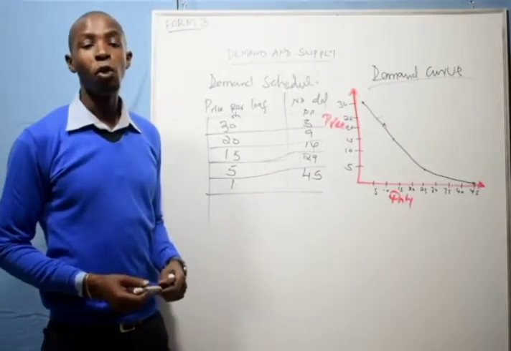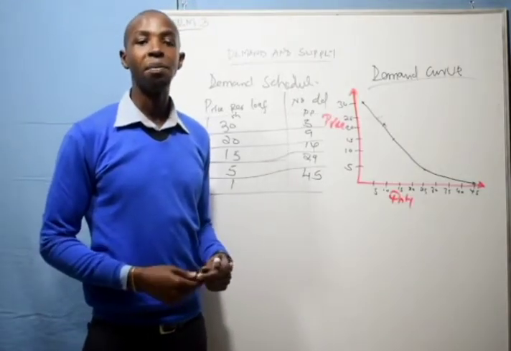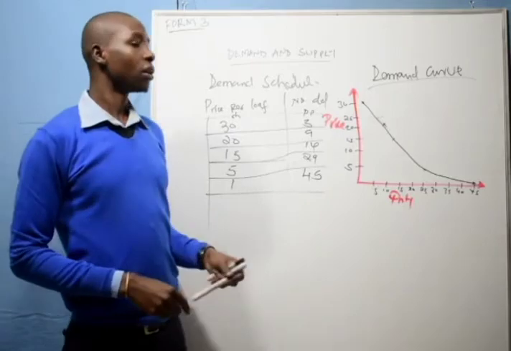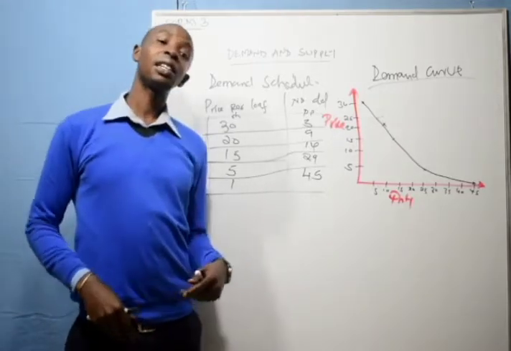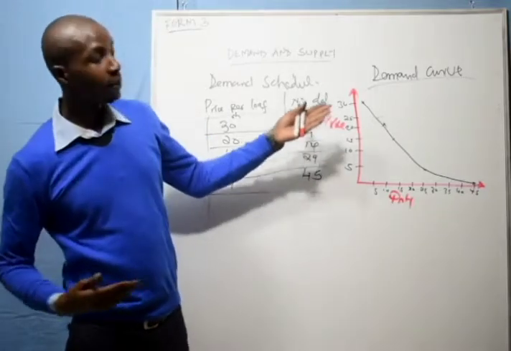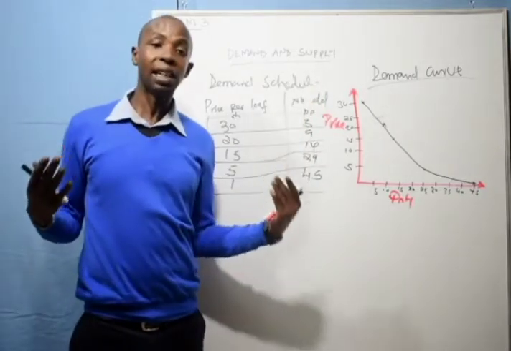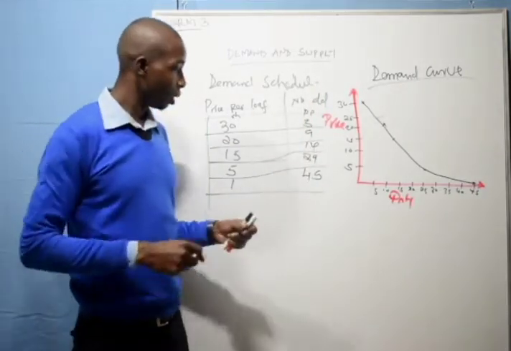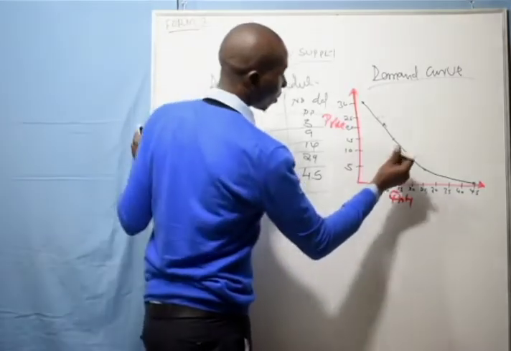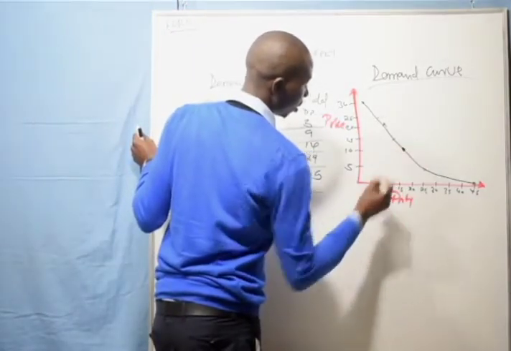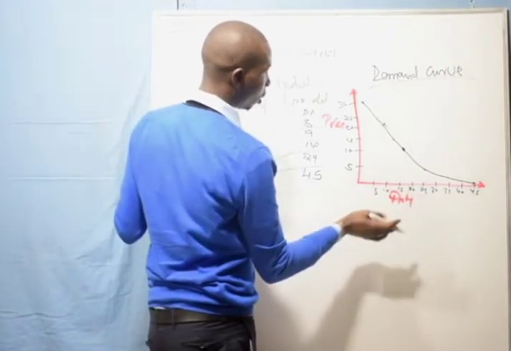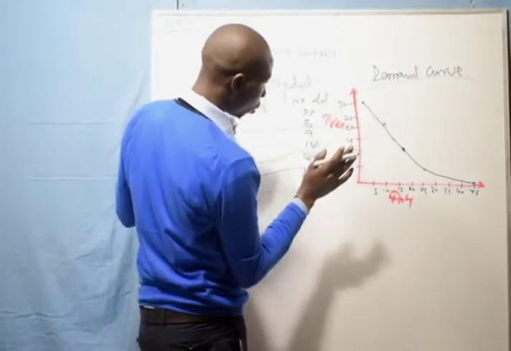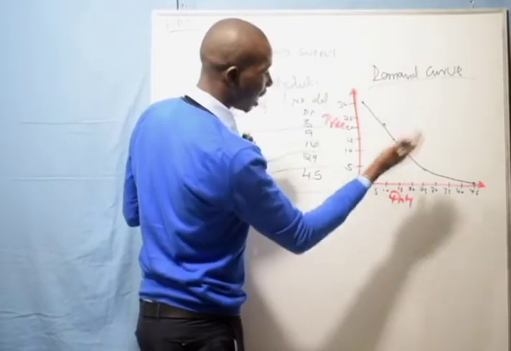And that is what we call a demand curve. Let's see movement along the demand curve. Movement along the demand curve is caused by the price itself. I can move either to the left or to the right.